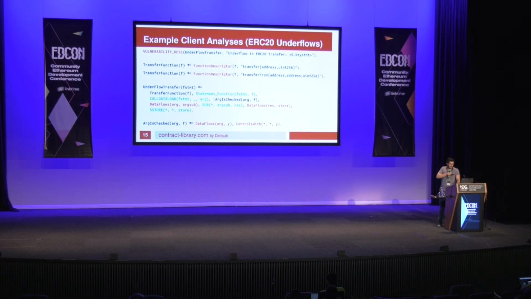Here's an example of a client analysis. This is very much inspired by Thomas Kolinko's example for doing ERC20 underflows. In the second and third lines there, I'm saying that I want to analyze functions that match that signature, that is, the transfer and transferFrom ERC20 tokens. Then I'm saying that an underflow applies if those conditions hold.